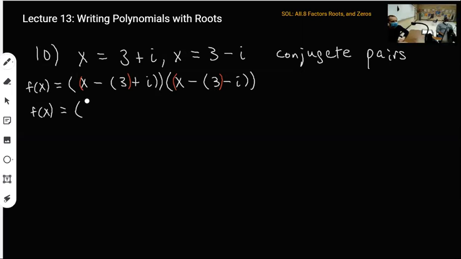I'm going to use the associative property to regroup. I want to put the x with the 3. So I'm going to get x minus 3, and that minus sign is going to transfer to the plus i to give me a minus i.